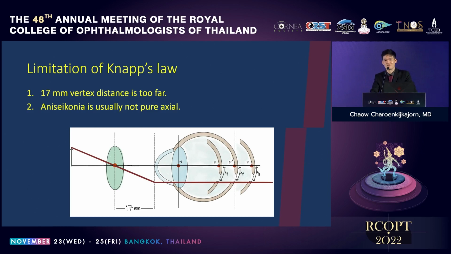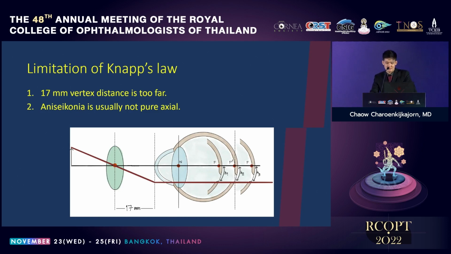So 17 is too far. The glasses might come down your nose. The second reason Knapp's law is not always applicable in clinic is that most patients don't have only axial components. They also have refractive ametropia, so it's not going to correct all the problems they have.